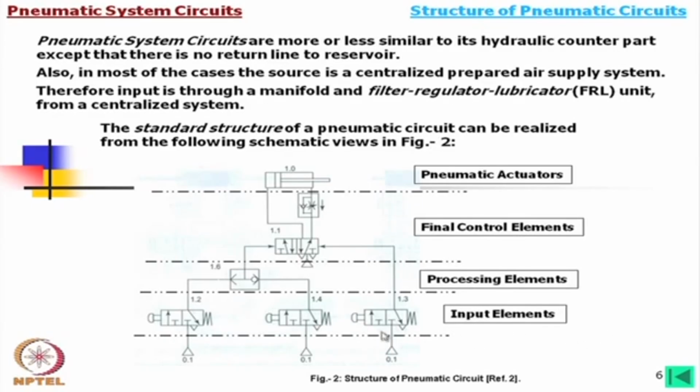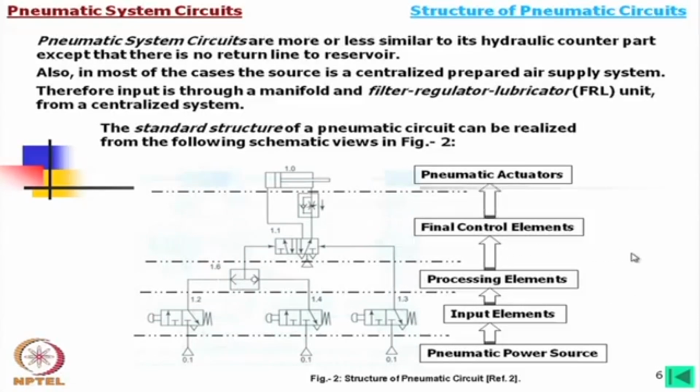This means from the manifold we need a regulator or valve, and finally this is our pneumatic power source. So broadly any system we can divide into a few such elements: from the pneumatic power source it comes to the input element, then processing elements, then final control elements, and then the actuator or motor, etc.